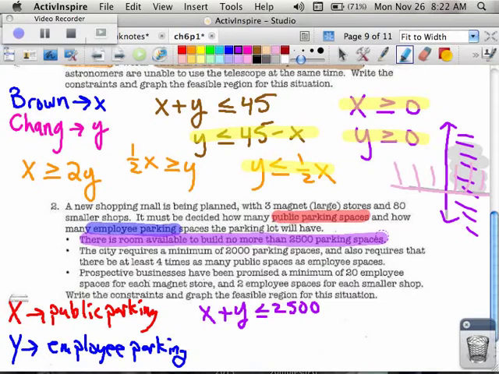In the very next line, they say they have to have a minimum of 2,000 parking spaces. So that tells me, which is kind of strange, I guess, to me, is that my X and my Y together, the total number of parking spaces, has to be bigger than or equal to 2,000.